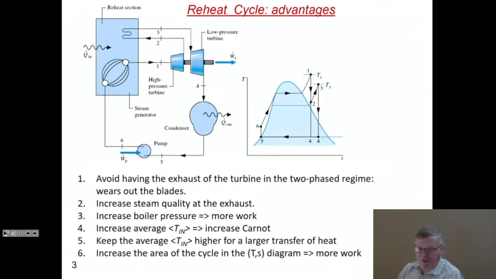So why does one do that? Well, the most important reason to do this is that having a turbine work over a two-phase flow means that the turbine will have an increased amount of liquid water droplets impacting its blades.